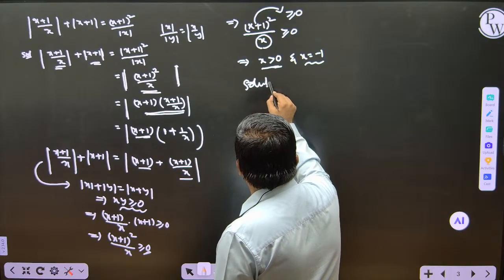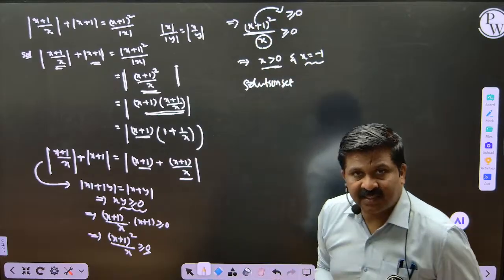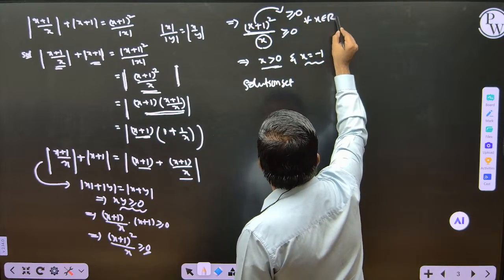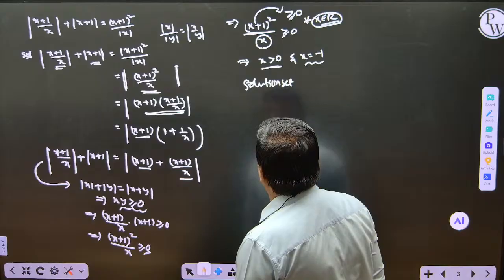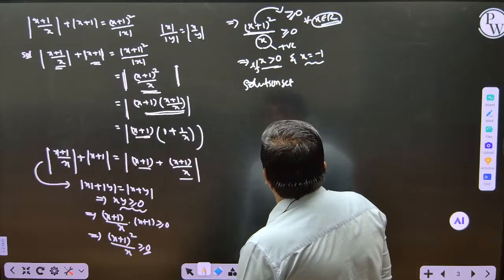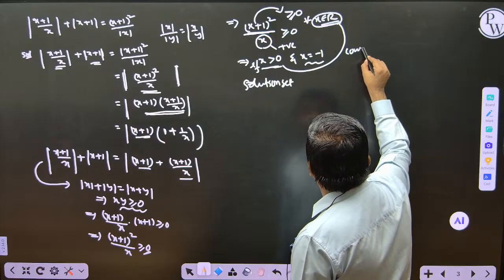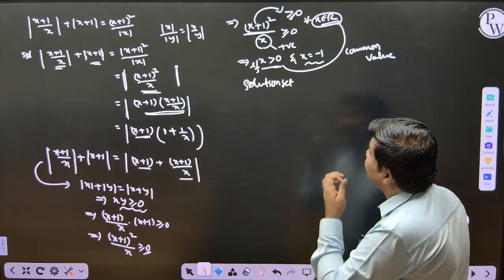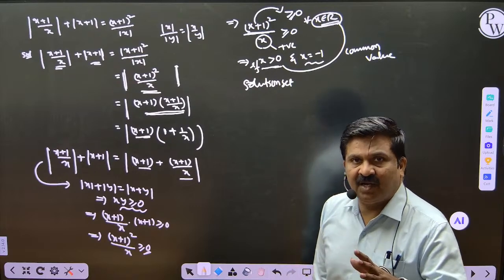Therefore, the solution set is what? This is true for every value of x, that is not necessary for us. This is positive for x belongs to R. This is greater than or equal to 0 for every x belongs to R. But this is positive if x greater than 0. Therefore, the solution set is what? These two common values. See, the numerator is always greater than or equal to 0 for all x belongs to R, or not?